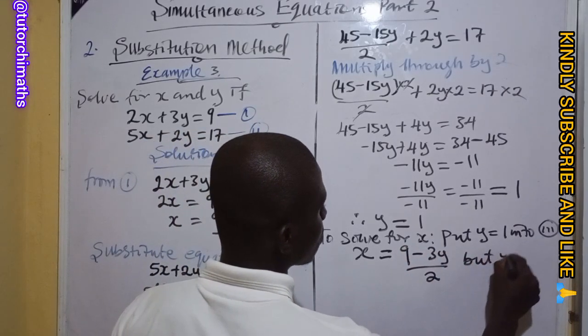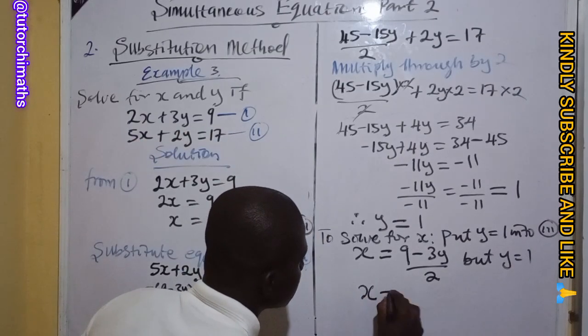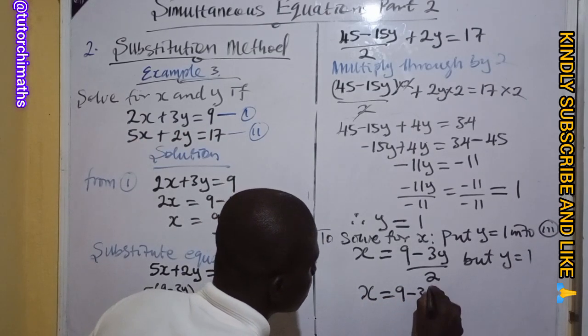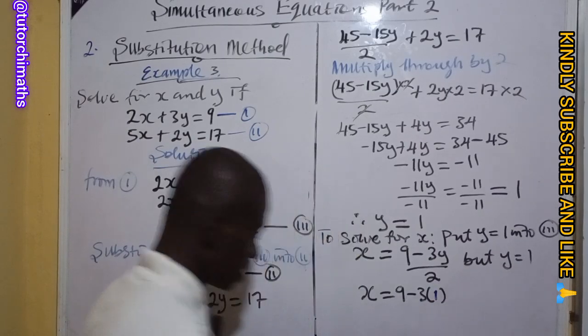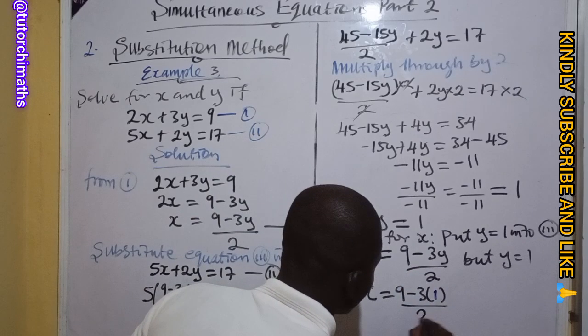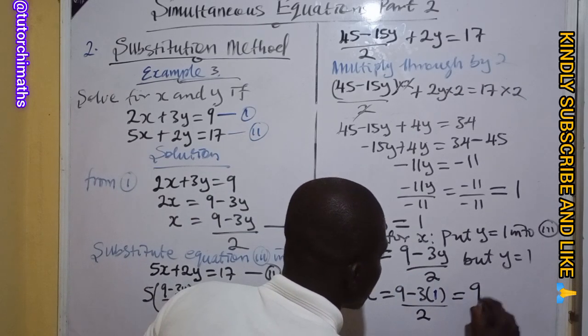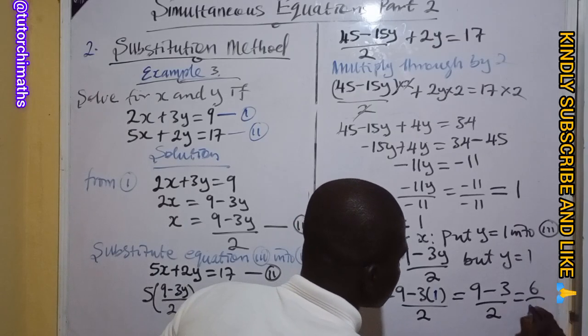But y is equal to 1. So that we can have x is equal to 9 minus 3 bracket 1, then divided by 2. This is 9 minus 3 divided by 2, which is 6 divided by 2.